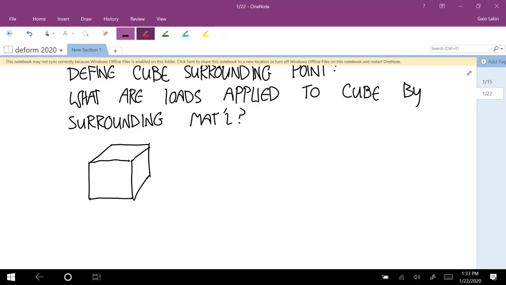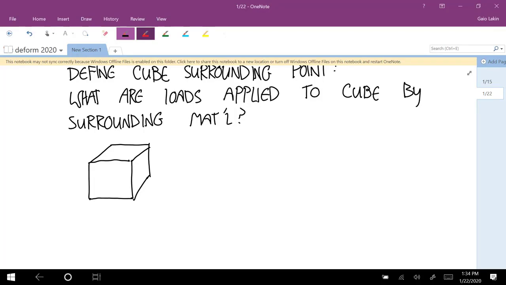So on each one of these faces, do you remember what kind of loads a fixed joint applies to an object? It applies in 3 dimensions. It applies 3 components of couple and 3 components of force, right?